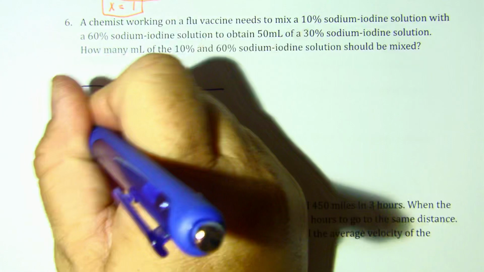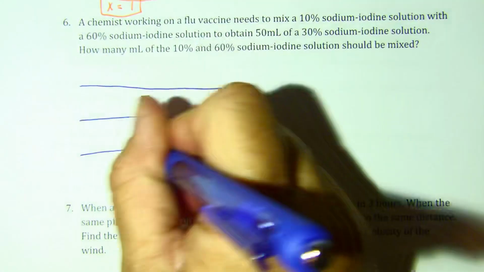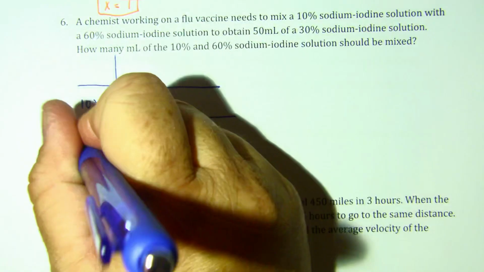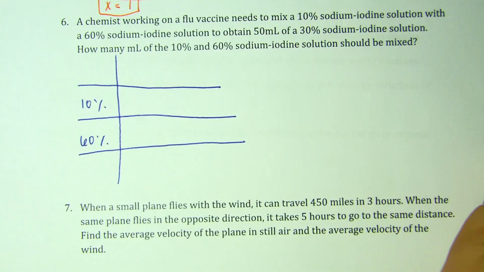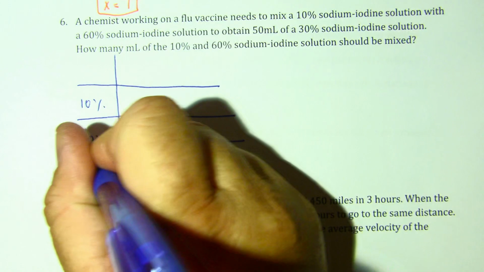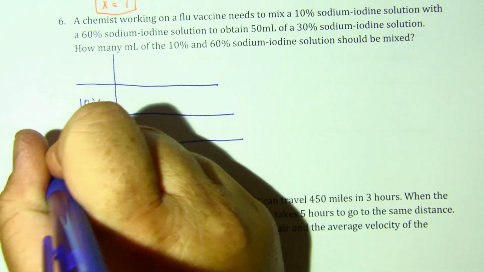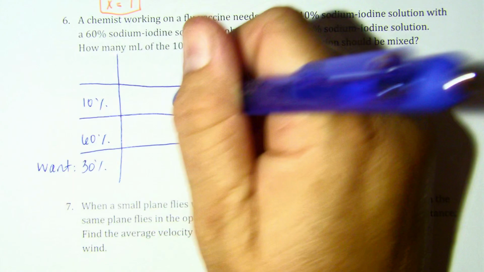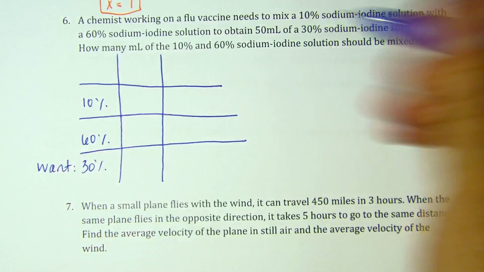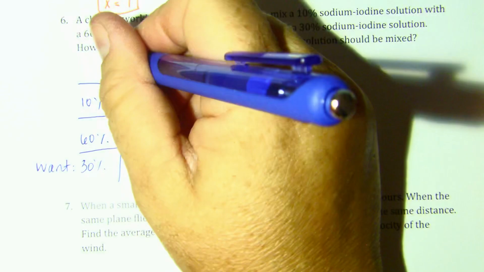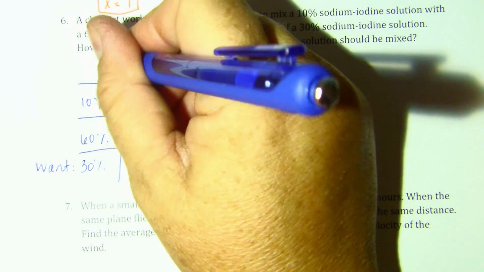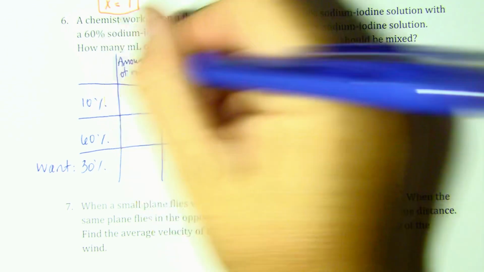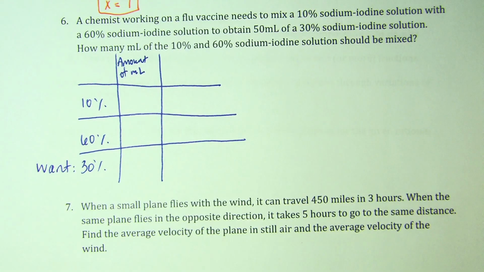Basically, what we have is a mixture of something, whatever that something is. And we have a 10% solution, a 60% solution, and we have a 30% solution that is what we want. So that's the thing that we're trying to make here. Now, they did not tell us how much of each solution, the amount of milliliters of each of these solutions.